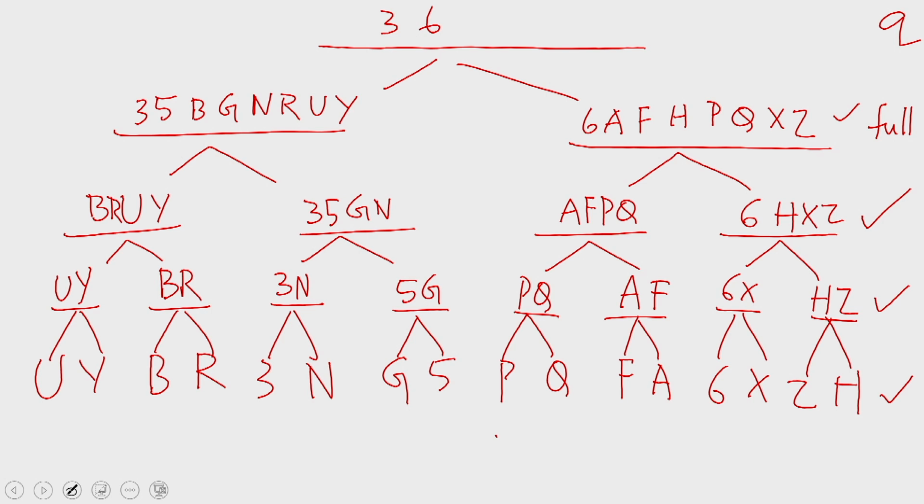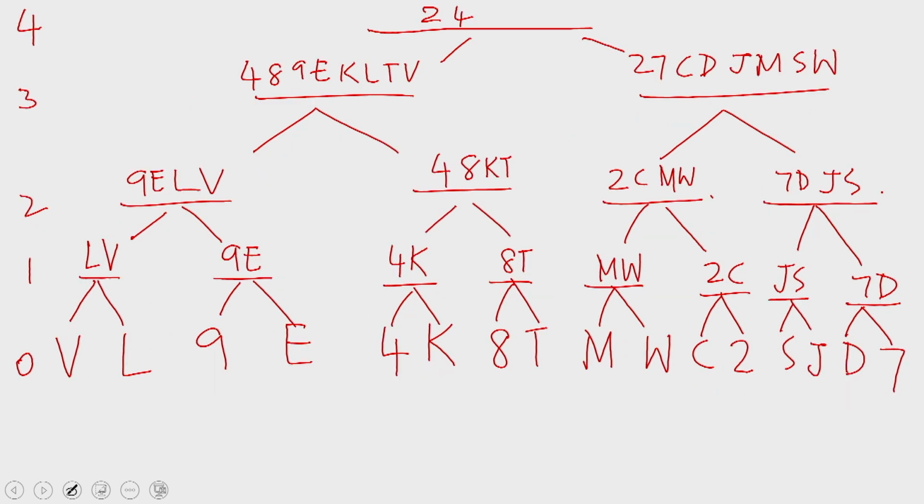This is the sorted order of the actual set. The actual set is listed at the leaves in the order PQFA 6XZH. This gets sorted into 6AFHPQXZ at this node. Similarly, at every level 3 node, we have now collected all the leaf contents of the subtree rooted at that node in sorted order.